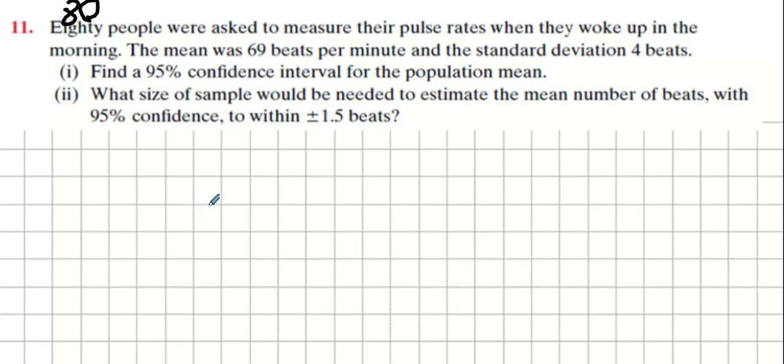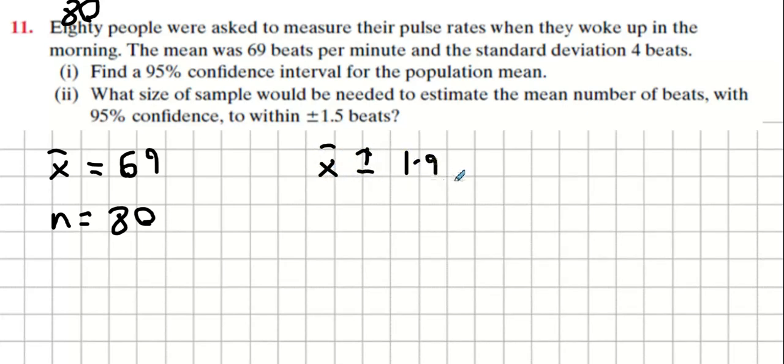Okay. So, for those people that are with me, my mean is 69. My n value was 80 people. And I'm doing the 95% confidence interval, which is 1.96 sigma all over root n.